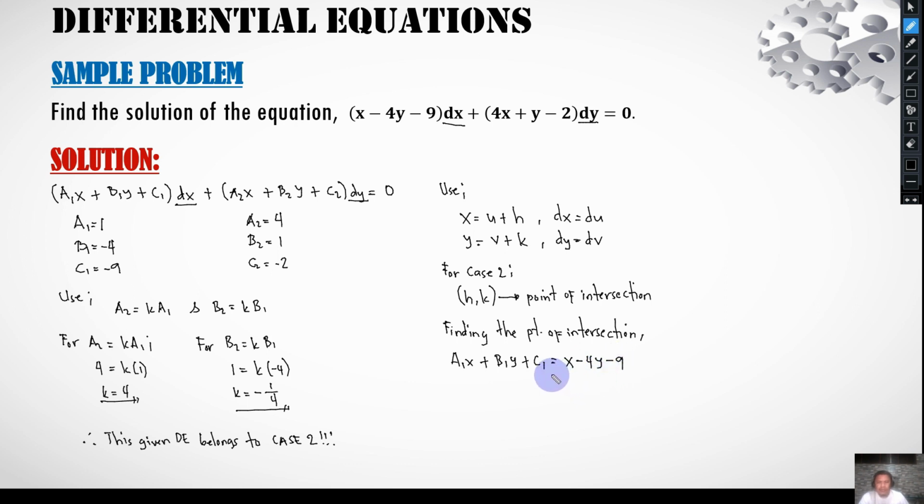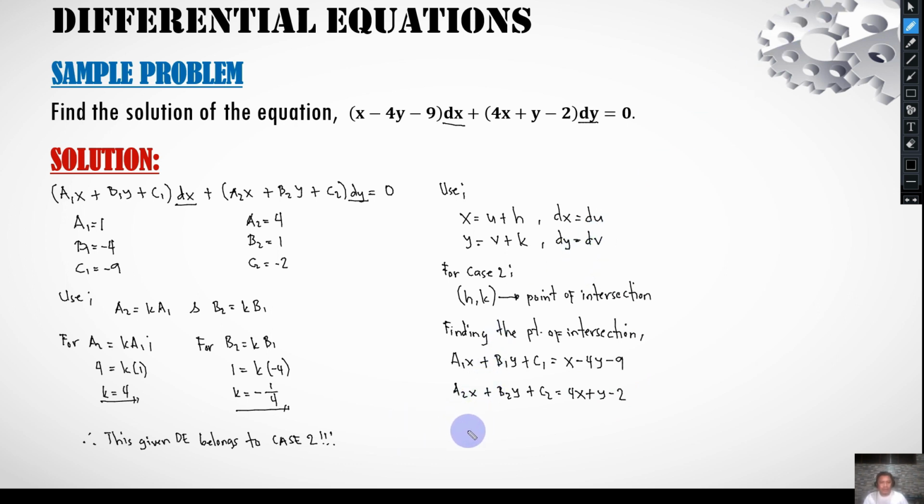Ito yung ating first na a sub 1x plus b sub 1y plus c sub 1. At saka ito namang pangalawa natin, a sub 2x plus b sub 2y plus c sub 2 ay ito namang kabila, no? Itong 4x plus y minus 2, right?